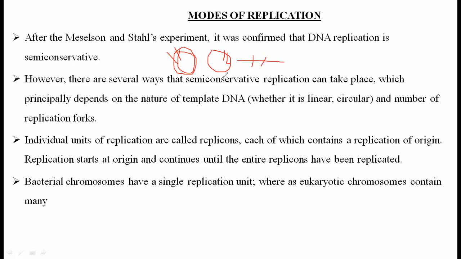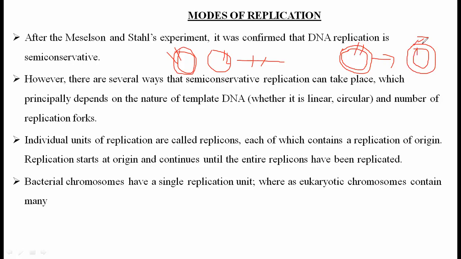For example, this is a circular DNA, tightly coiled. If this DNA undergoes replication, this circular DNA has to unwind first. You go like this, something will happen to the circular DNA. Here the template is circular DNA, right?